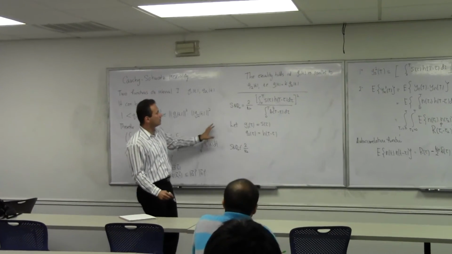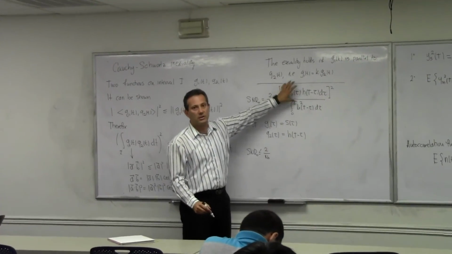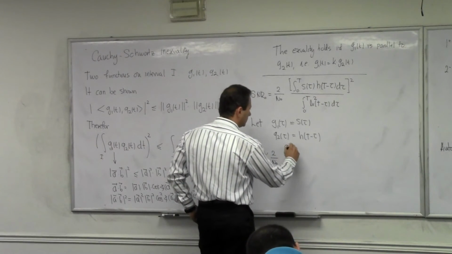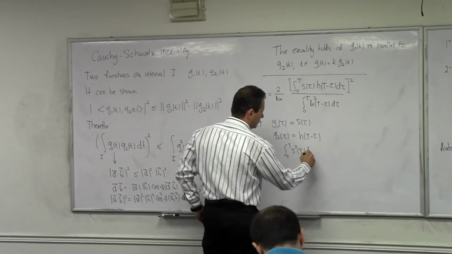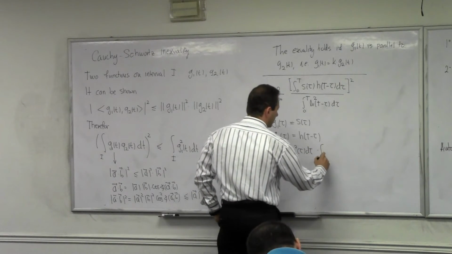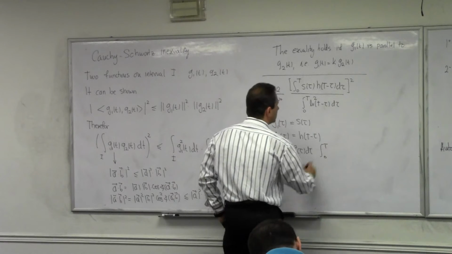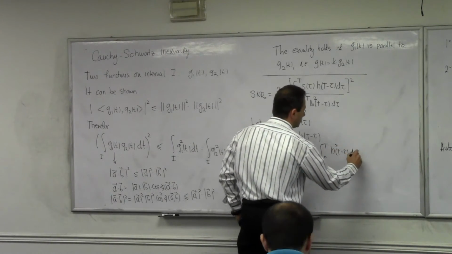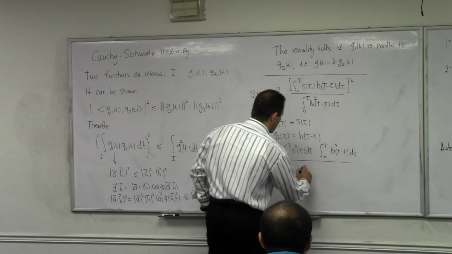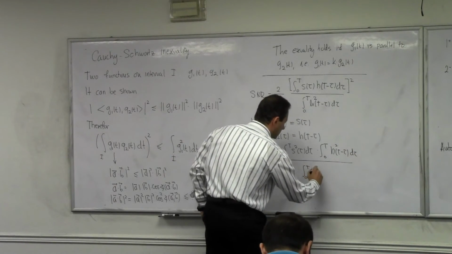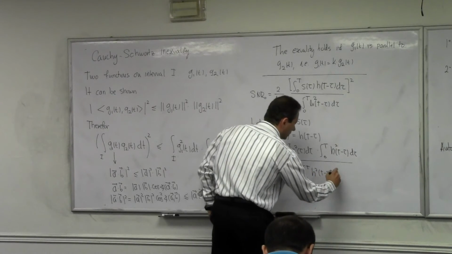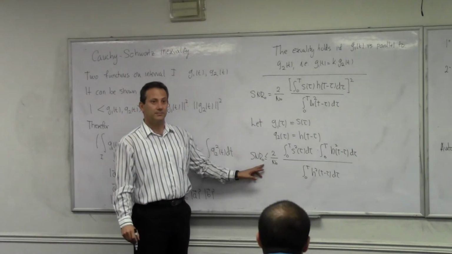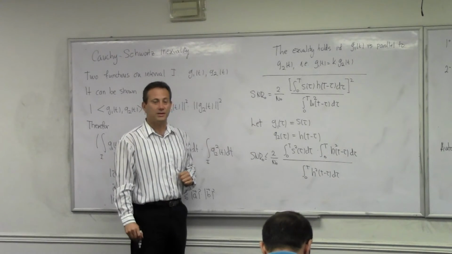So it has to be smaller than the norm squared of the first times the norm squared of the second. The norm squared of the first is the integral from 0 to T of s squared of tau d tau. The norm squared of the second is the integral from 0 to T of h squared of T minus tau d tau. So it has to be smaller than this, it cannot be larger. This is the largest it can be, the best I can do.